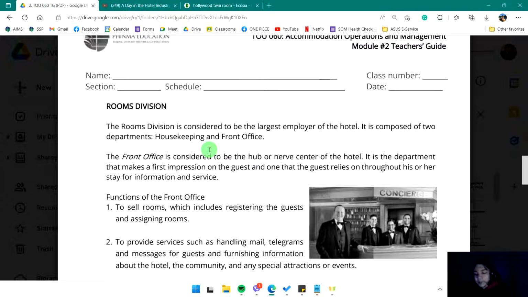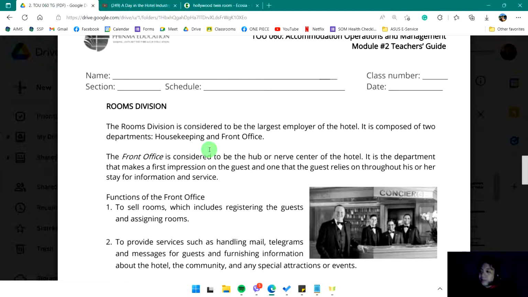So front office department side, guys, kung hindi nyo natatanong, this is considered as the heart of the hotel. Since the primary source of incomes of hotels are from their accommodation services, which primarily are the rooms, of course. And sino nga ba sa hotels ang pinaka nag-aasikaso ng mga rooms?